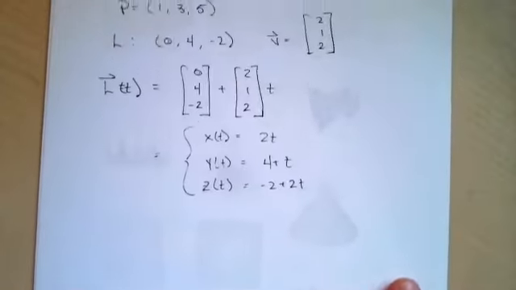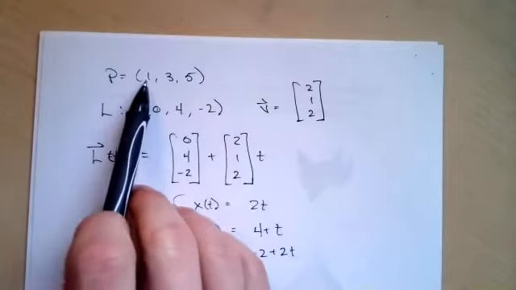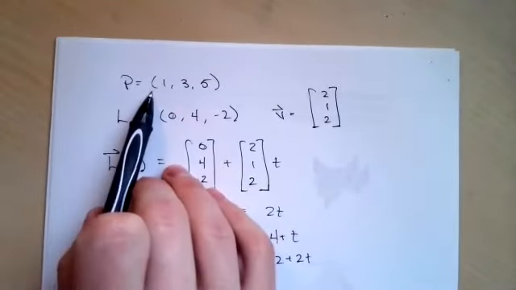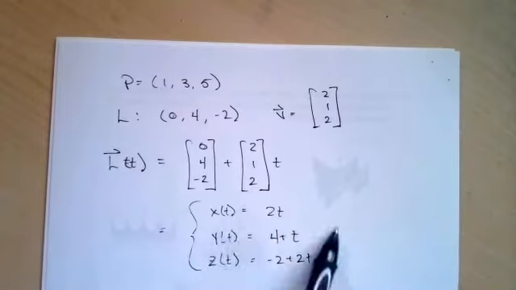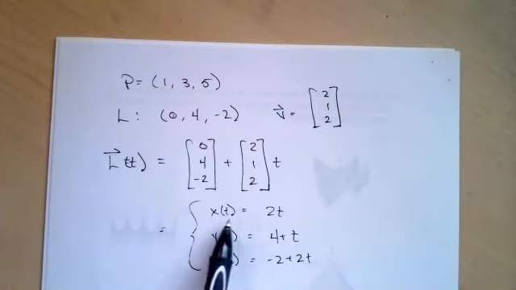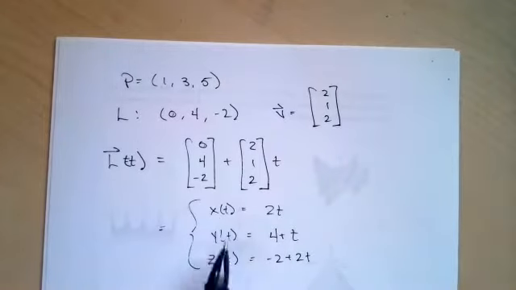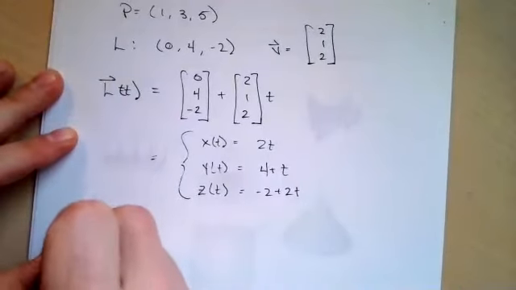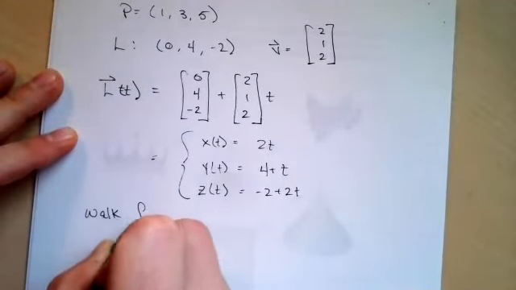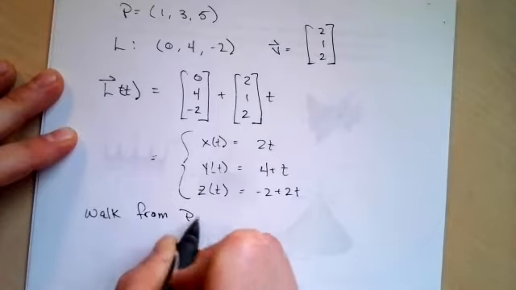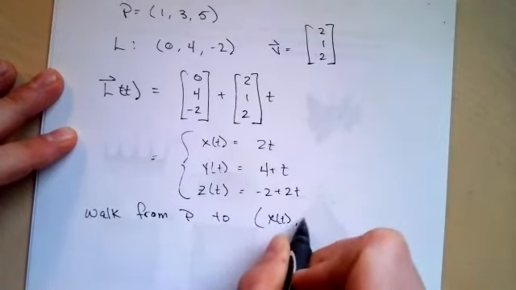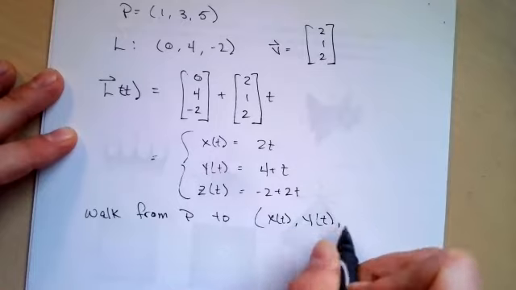And so what we need now is a notion of when am I going to hit this line? We're walking from this point, and then we're going to end up on a line whose points, whose coordinates are parameterized by these equations. So we walk from P to some point x, y, and z.